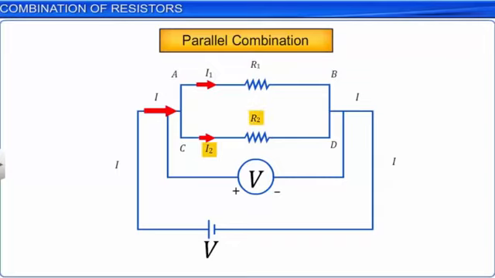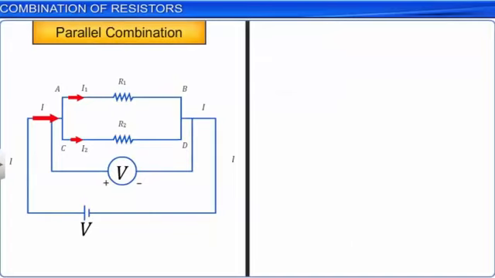We can now write I is equal to I1 plus I2. Let this be equation 7. Applying Ohm's law across R1 and R2 individually, we can write V is equal to I1 into R1 and I1 is equal to V by R1. Let this be equation 8.